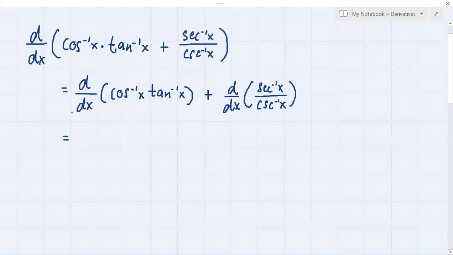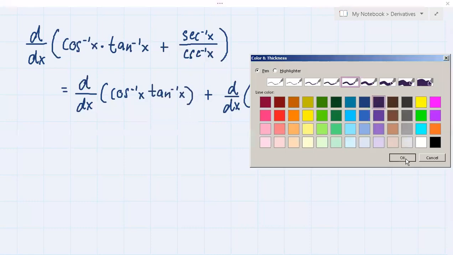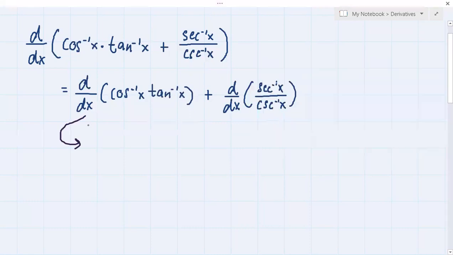All right? So, let's take a look at the first term. So, we have the derivative of arc cosine times arctangent. So, by applying product rule dito, you're going to pick which one is your U and which one is your V. Okay?